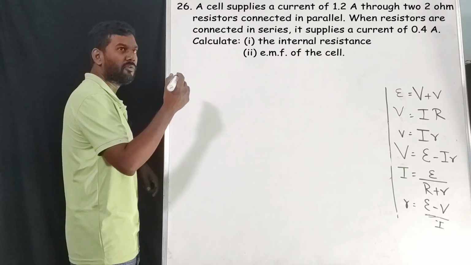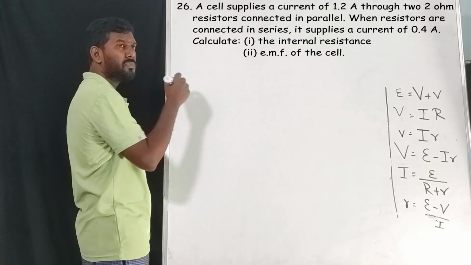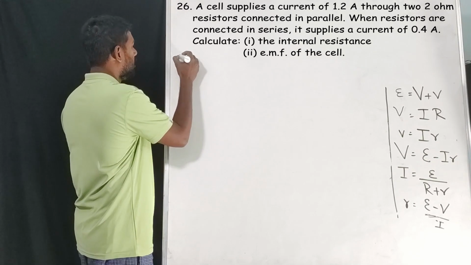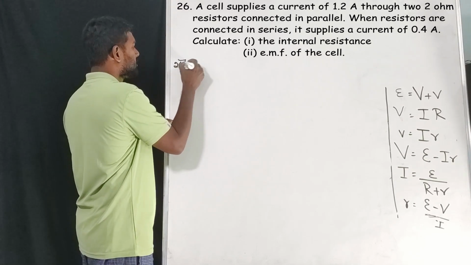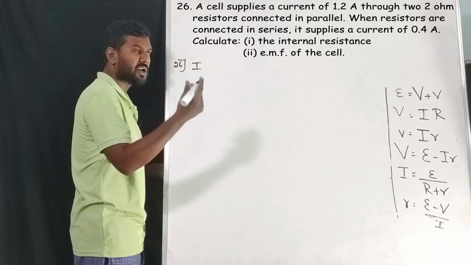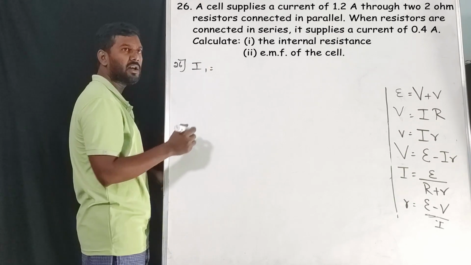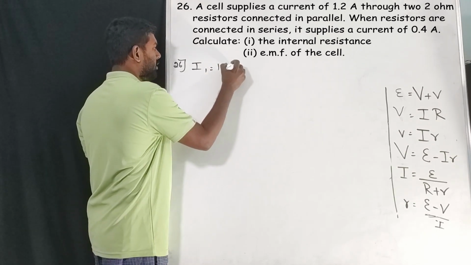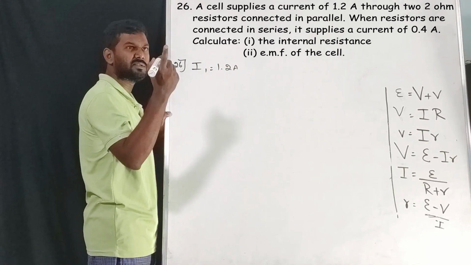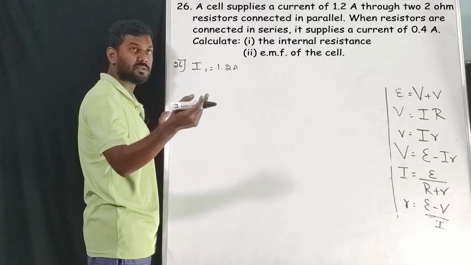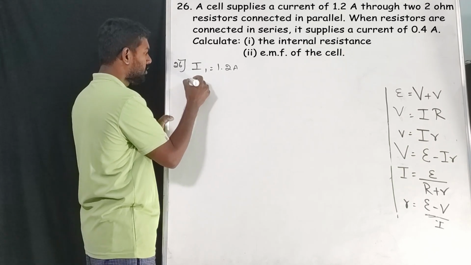Okay, now listen, first we will write the data. A cell supplies a current of, so this is question number 26, I1. There are two currents, right? So first current I will take as I1, 1.2 amperes, and two 2 ohm resistors are connected in parallel. So this is important.